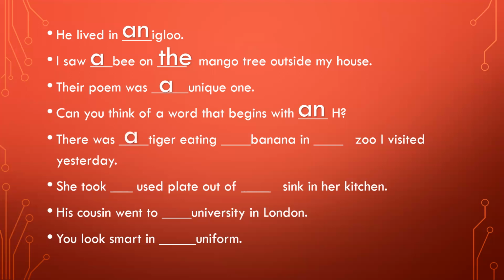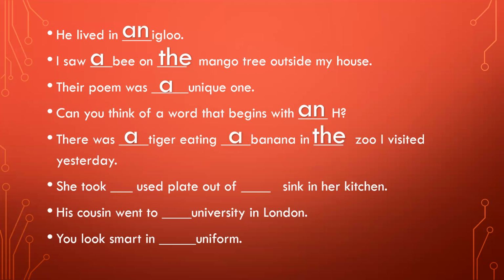A tiger because of the T sound there, and eating a banana because of the B sound, and then the, because we are talking about a particular zoo, the one I visited yesterday. Got it?